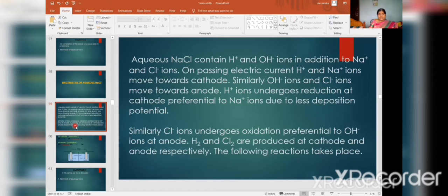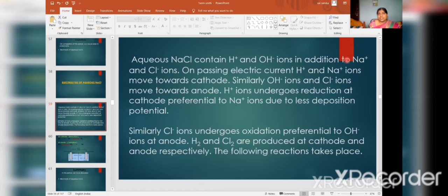Aqueous NaCl contains H plus and OH minus ions in addition to Na plus and Cl minus ions. This is very important.